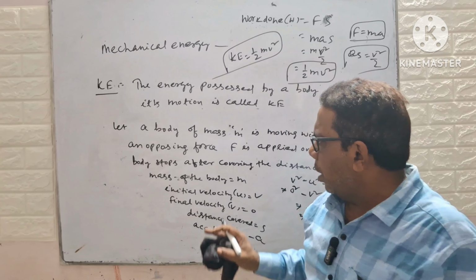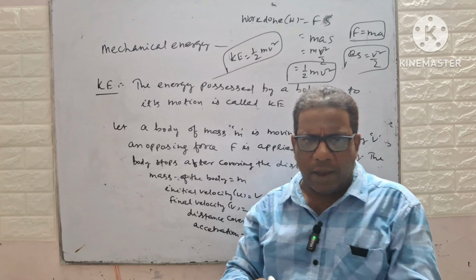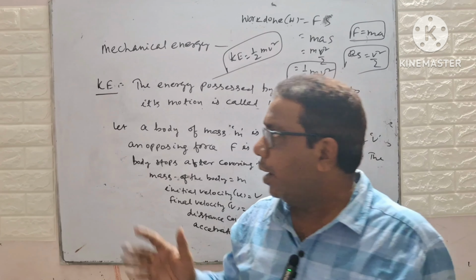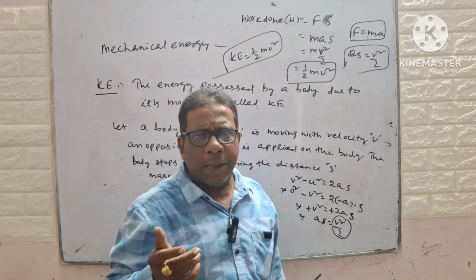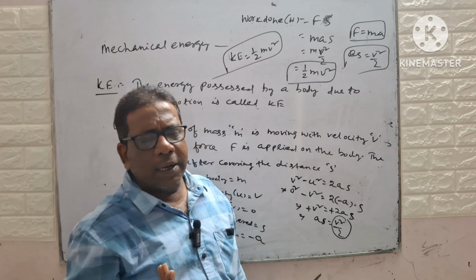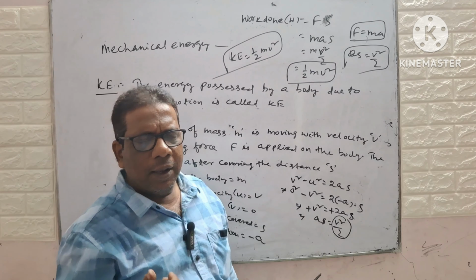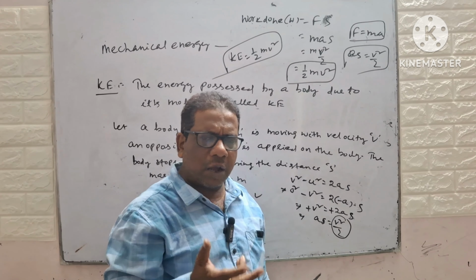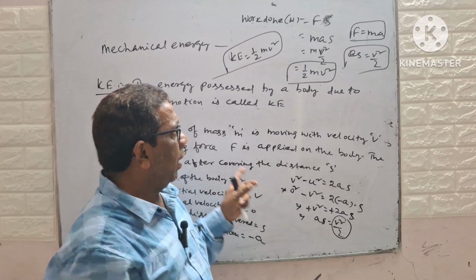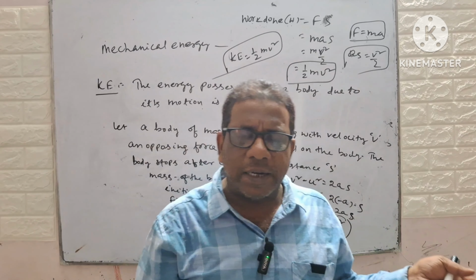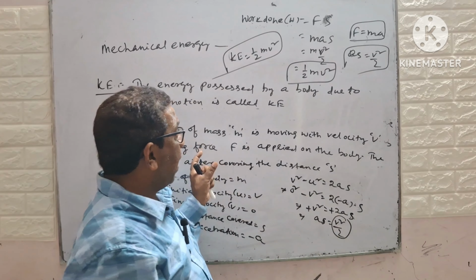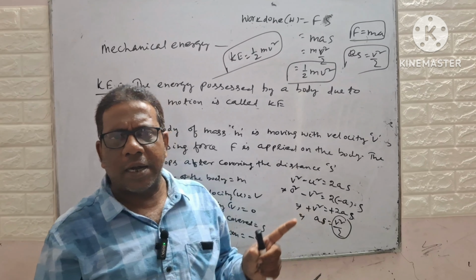In this class, we have discussed power and the formula for power and its unit, and then we discussed various types of energy and how they are measured. Heat energy is measured in calorie, electric energy is measured in watt hour and kilowatt hour, nuclear energy is measured in electron volt, and then we discussed mechanical energy, which is of two types: kinetic energy and potential energy.